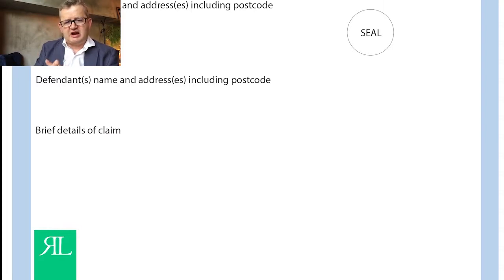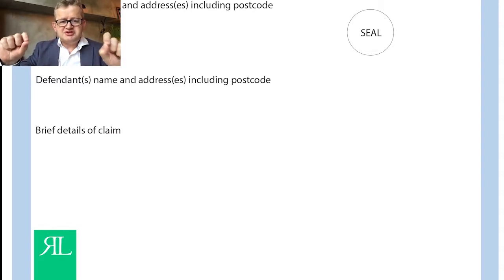To take the example of the Consumer Credit Act, lots of consumers brought claims under what's called the unfair relationships test. That's a particular, relatively recent statute. You need to put the statute in that box, because that's the gateway through which you're bringing your claim to court. Whereas contract and negligence are so self-evident, you don't really need to specify them.